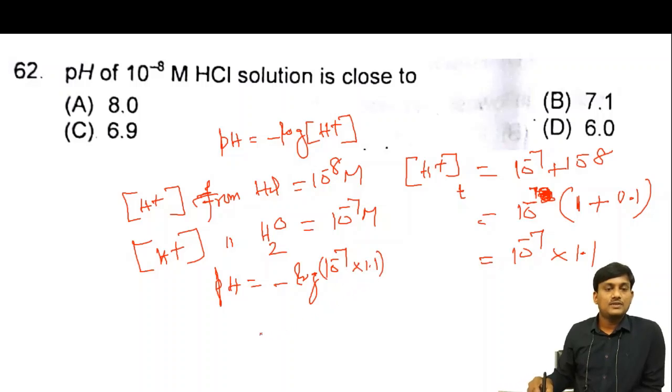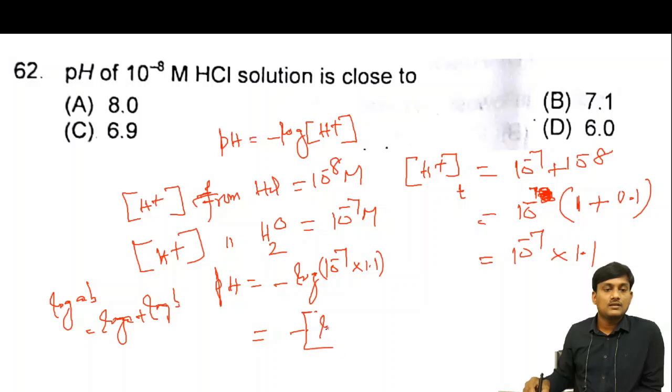This is the equation. Then you can write minus log AB can be written as log A plus log B. So it can be written as minus log 10 to the power of minus 7 plus log 1.1.